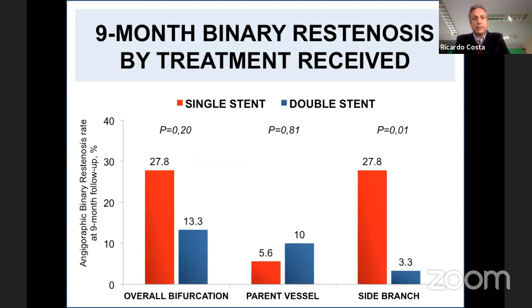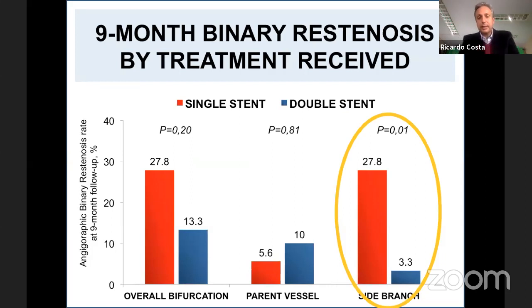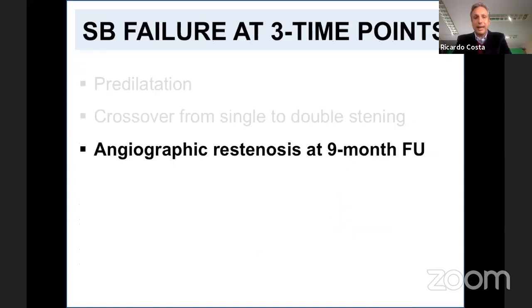And at 9-month restenosis, we see a significant difference. So if you're dealing with this kind of complexity, if you're skipping the patients that did not have a successful predilatation, you're still going to have 30% restenosis in the osteal side branch if you're doing single stenting, as compared to 3.3% if you're doing double stenting in procedures guided by IVUS.